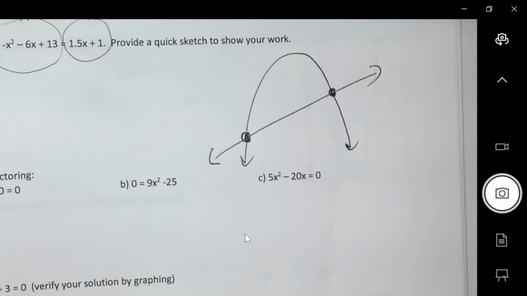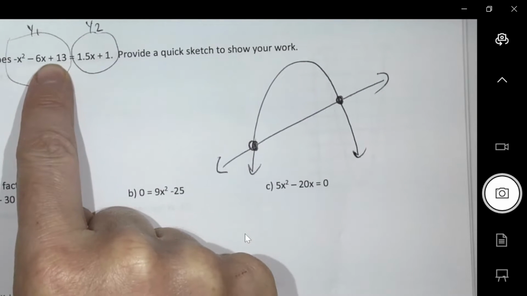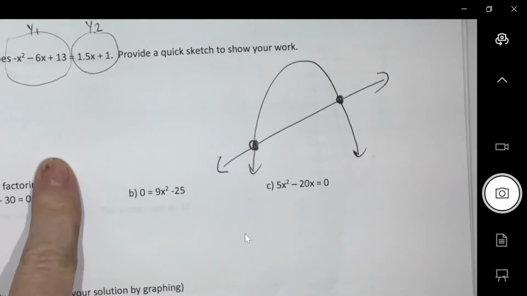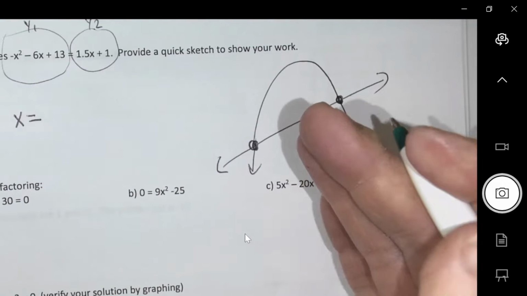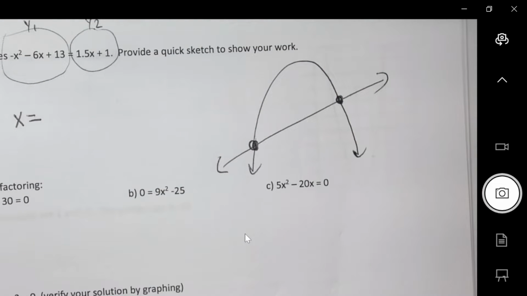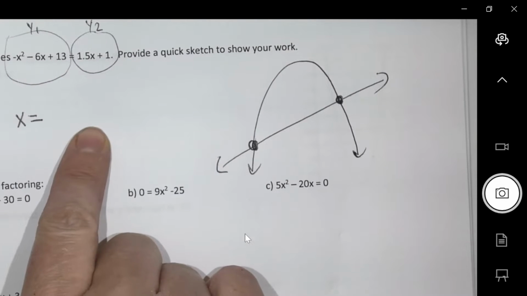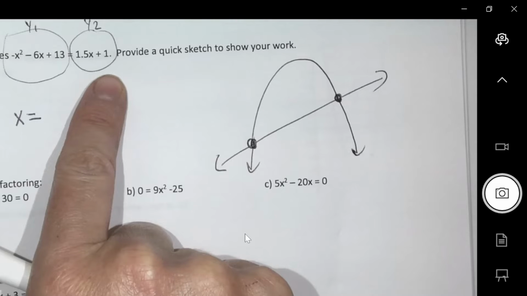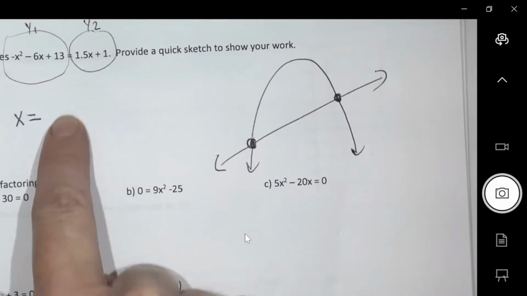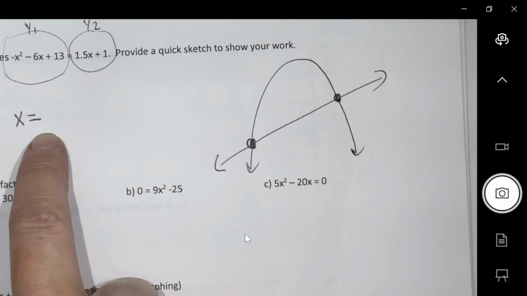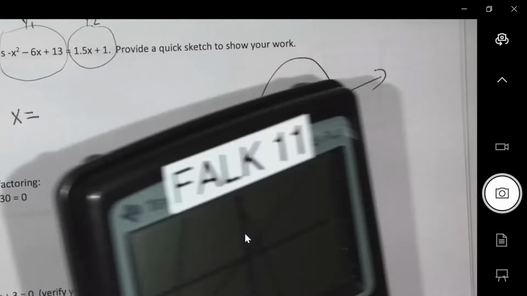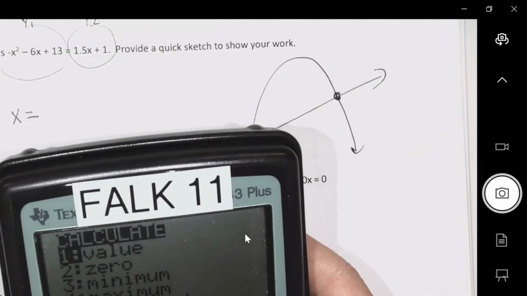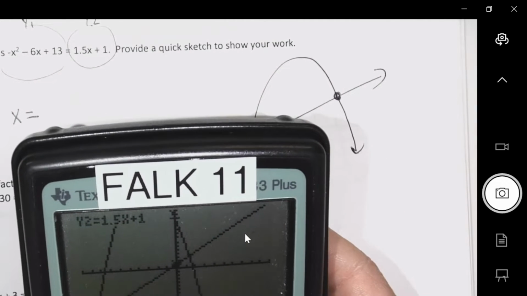Pretend that you didn't graph it and you had to work this out algebraically. When you're done your algebra on this, your answer will be x equals. So that's what I want to know. I don't want to know the coordinate. I want to know x equals what. That's the answer to this equation solving. When you think about solving this with algebra, you would get an x equals answer. So this is how I'm going to get my x equals. So second, calculate intersection, enter, enter, enter.